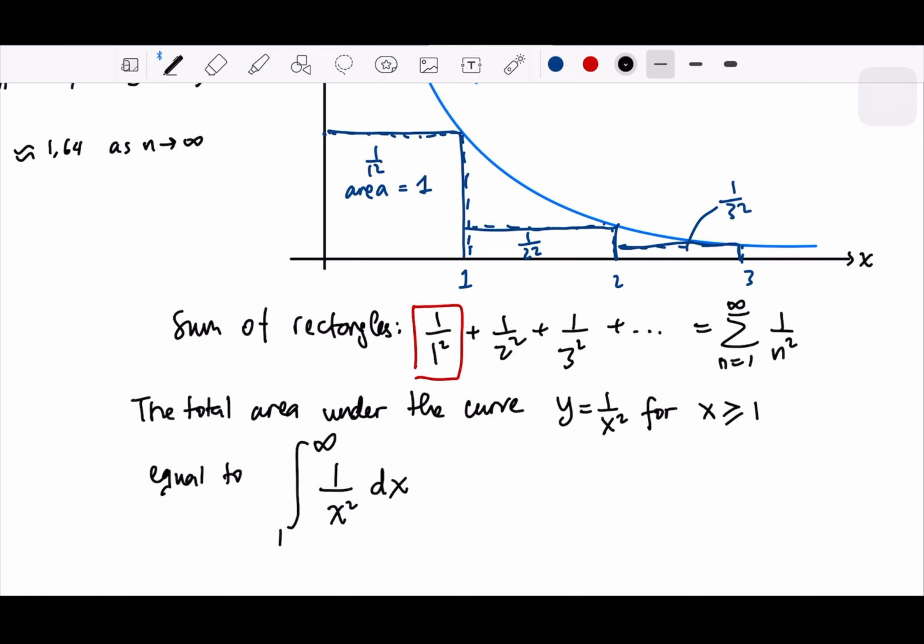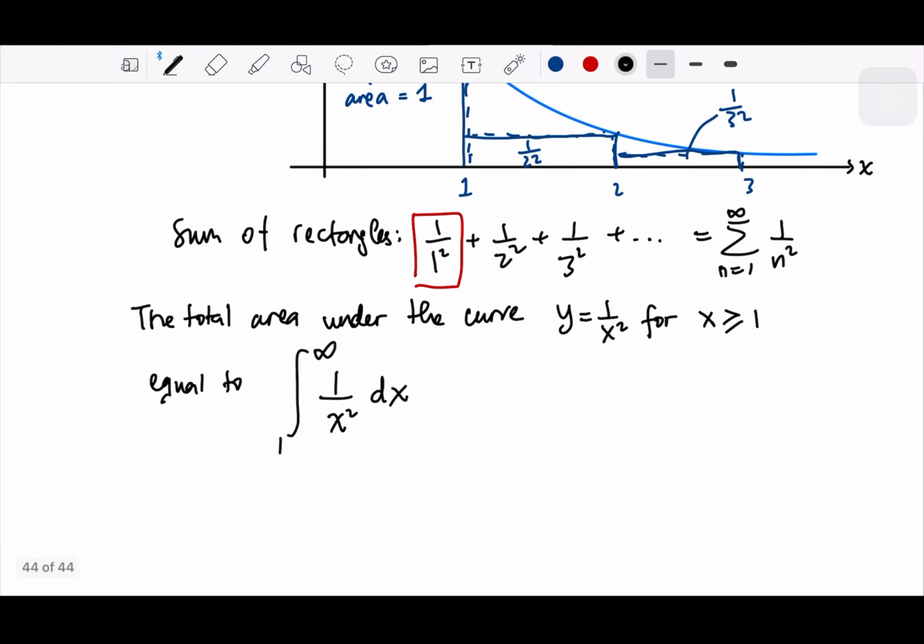Remember the improper integrals when we have 1 over x and 1 over x squared, right? 1 over x diverges when we go from 1 to infinity, but 1 over x squared will be 1. It's convergent. So this is actually 1, from the improper integral.